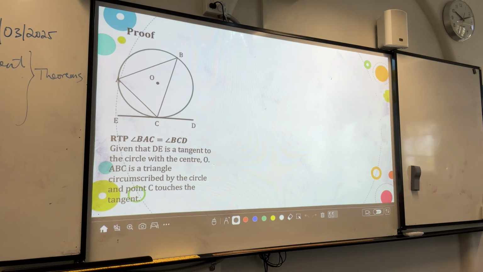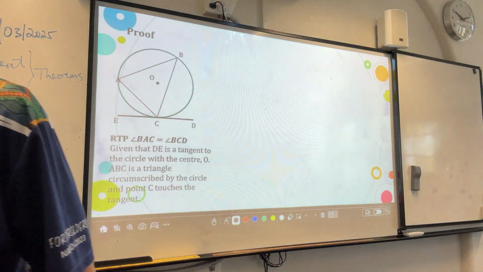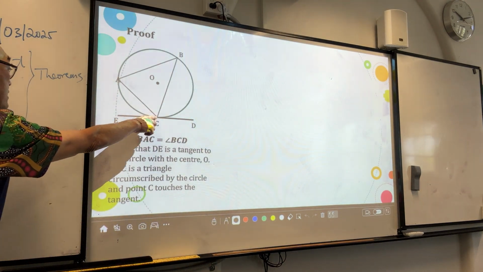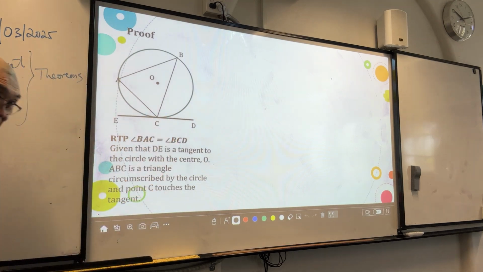Given that DE is a tangent to the circle with center O, ABC is a triangle circumscribed by the circle, and point C touches the tangent. So you know that these three points touch the circle and point C touches the tangent. How do I prove that this angle is the same as that angle?